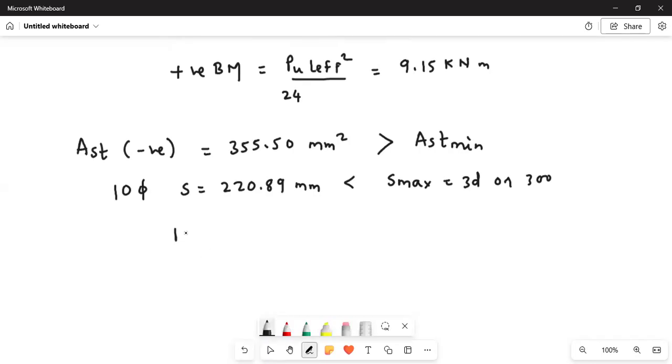So provide 10 mm bar at 220 mm center to center at corners as horizontal reinforcement.